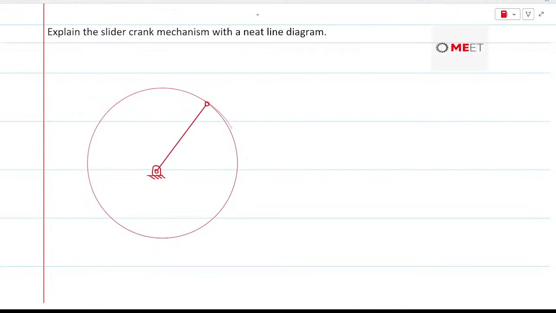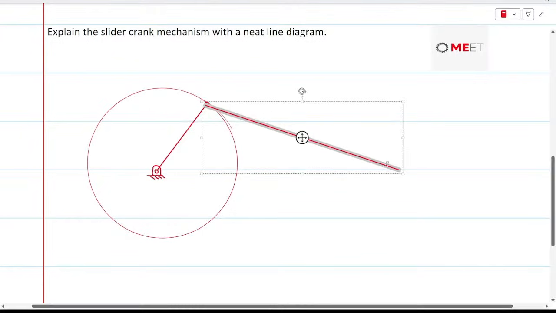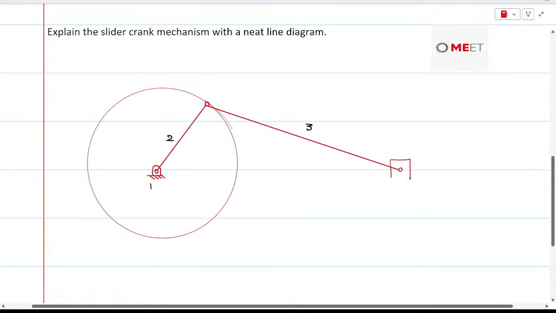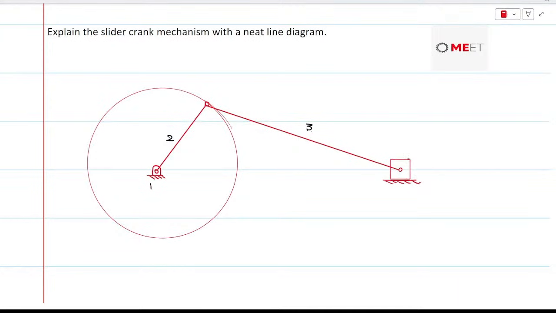To this crank, a connecting rod is attached. This is link number 1, link number 2, this is link number 3, and the other end of the connecting rod has a piston attached. Piston is link number 4. As the crank undergoes circular motion, the piston is going to reciprocate to and fro.